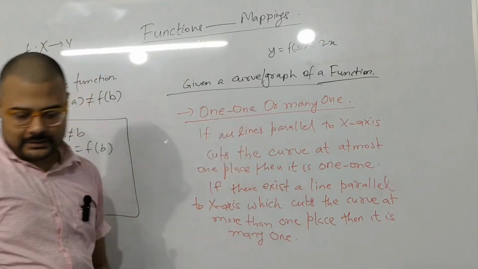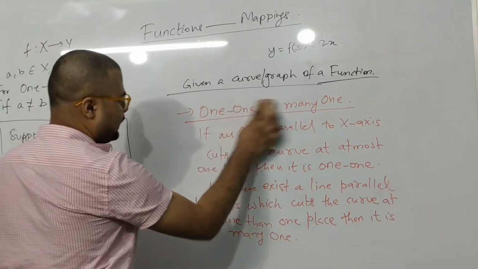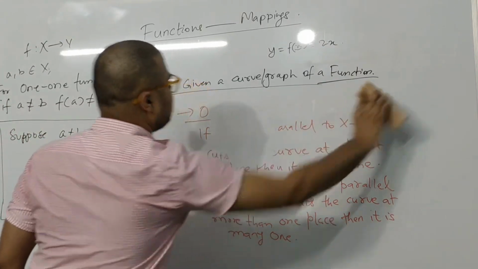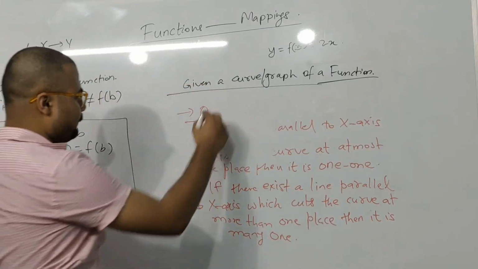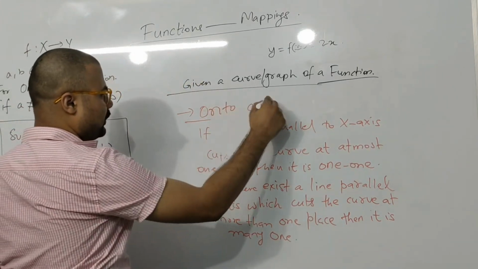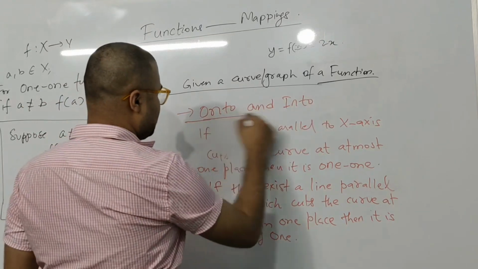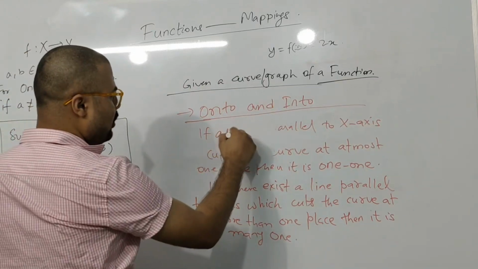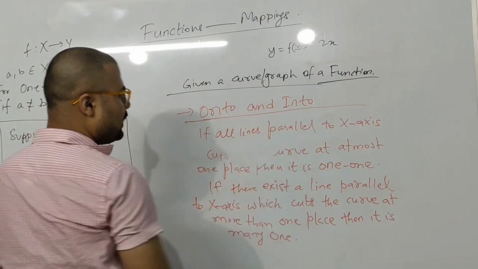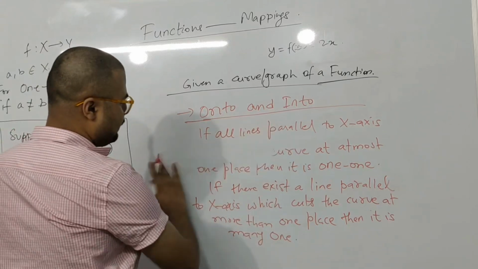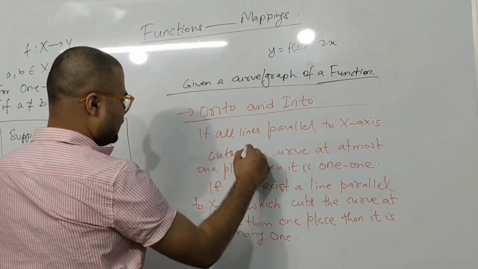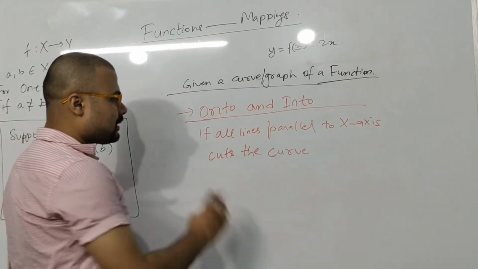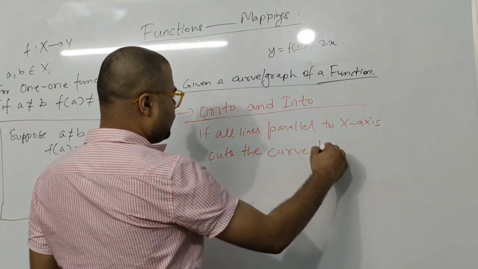Let me do it separately for onto and into functions. Given a curve of a function, how do you find if it is onto or into? If all lines parallel to the x-axis cut the curve, then onto.